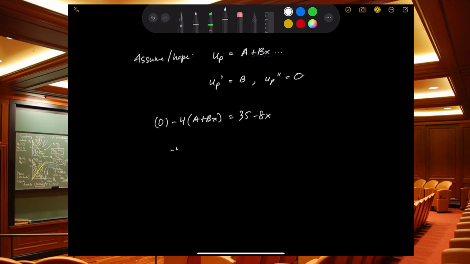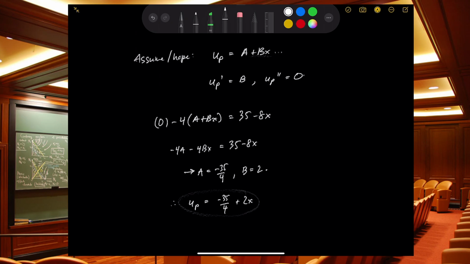And so we get minus 4a minus 4bx equals 35 minus 8x, which tells us that a must be negative 35 fourths and b must be 2. Therefore, u particular is negative 35 fourths, which is like 8.75, plus 2x.